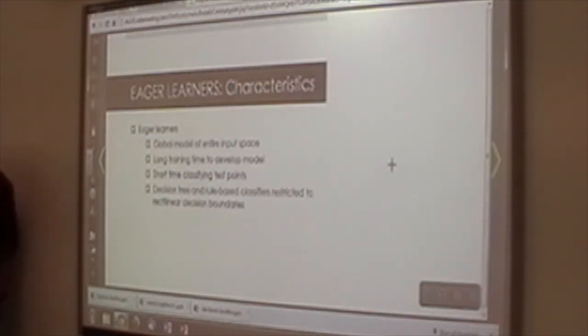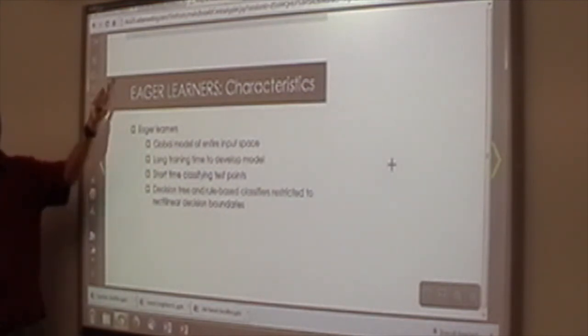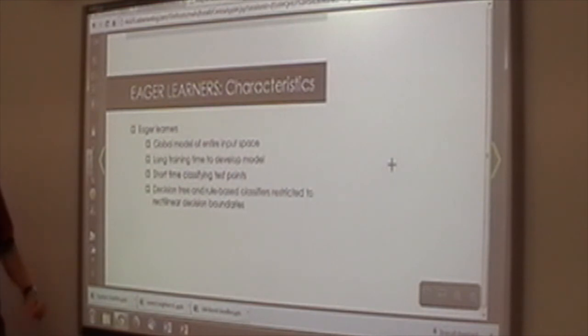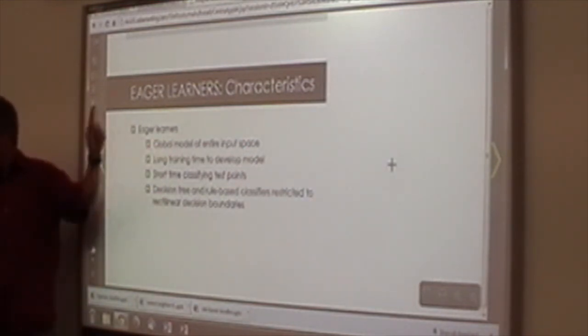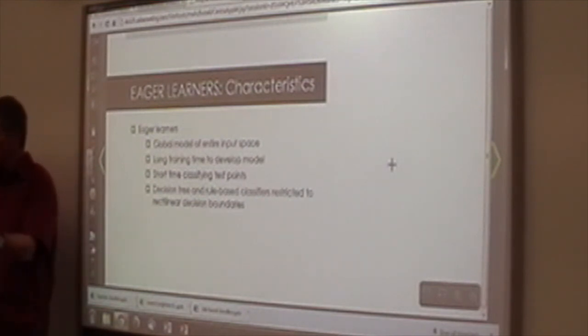In contrast, decision tree and rule-based classifiers are sometimes called eager learners versus lazy learners. The first two approaches we looked at, decision trees and rule-based classifiers, create a global model of your entire input space.